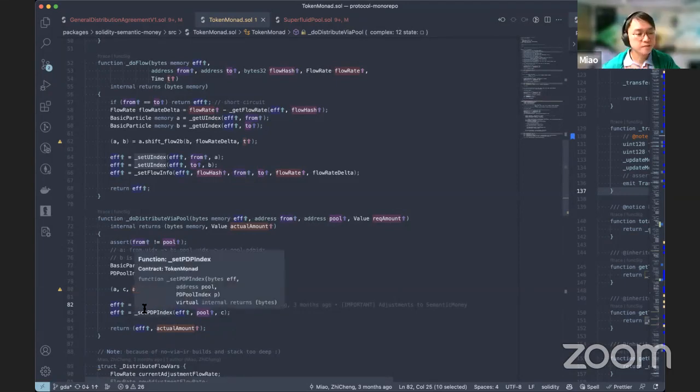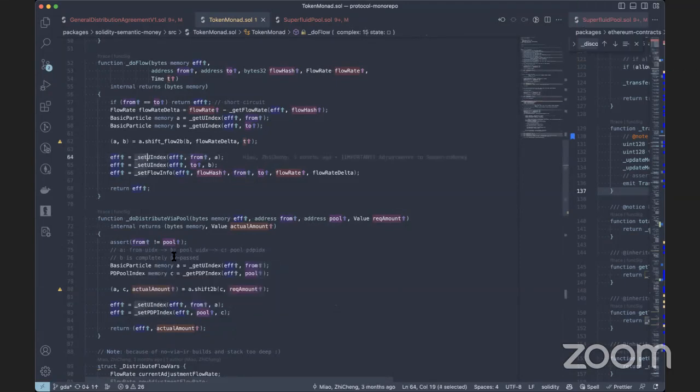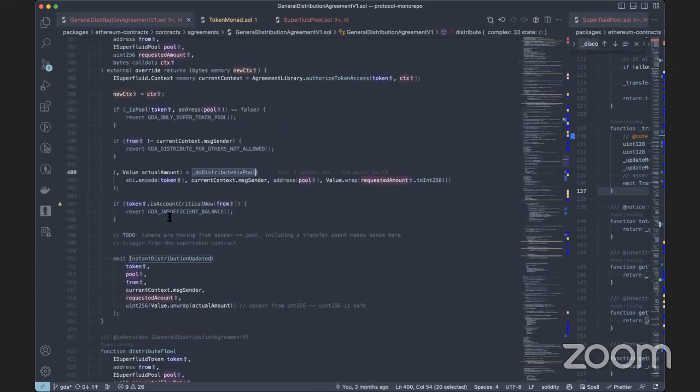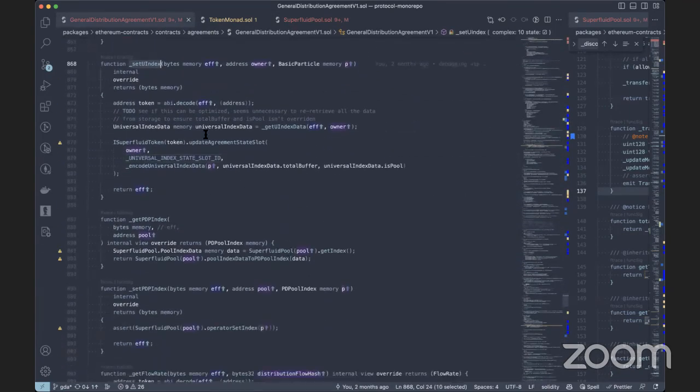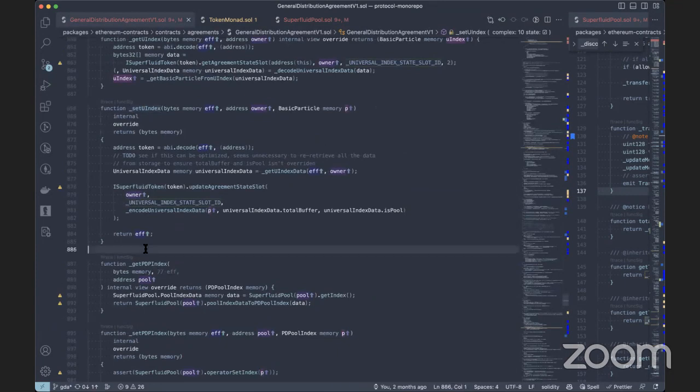So yeah, virtual functions. We have all these underscore set and underscore get functions, and these are implemented in the GDA itself. You just take some data, and this is always going to be the token. All we're doing is updating the agreement state.